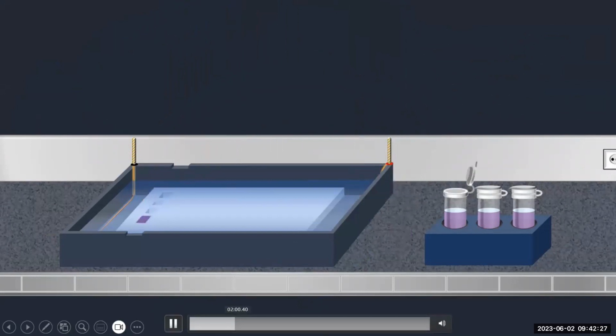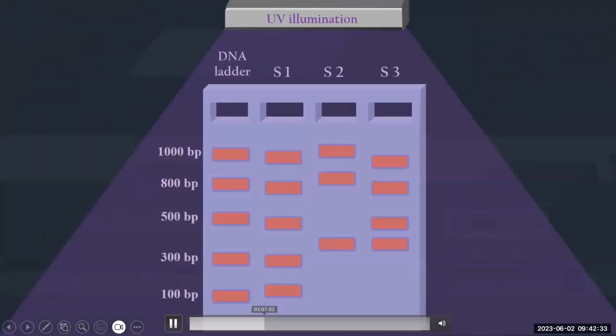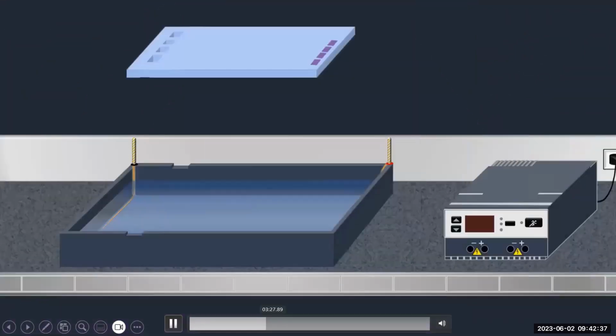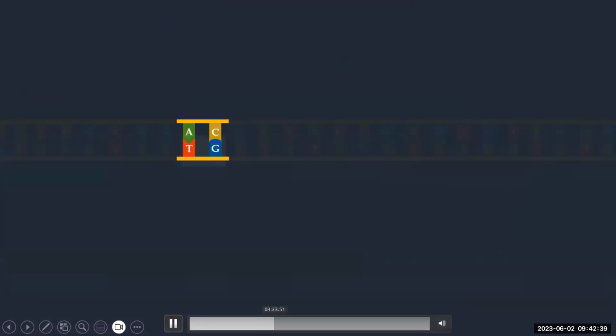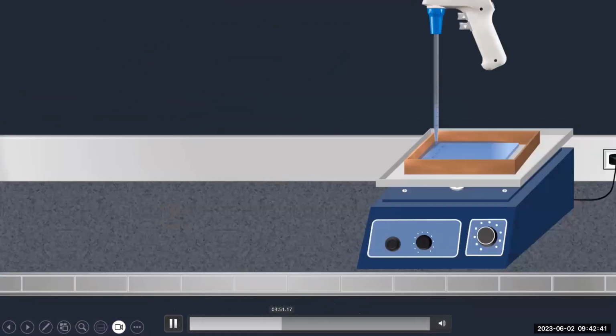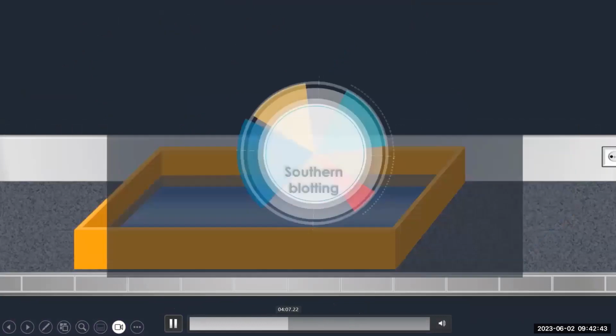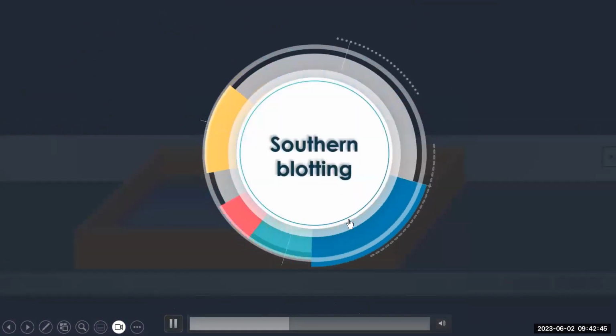So here, first we have to do gel electrophoresis. I think we have seen gel electrophoresis. We learned gel electrophoresis. So we go to the hybridization and probe method. Okay, Southern Blotting.